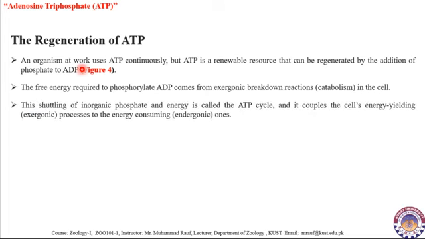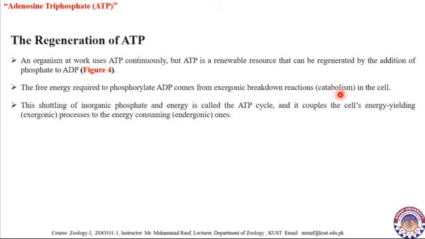Now, an organism at work uses ATP continuously, but ATP is a renewable source that can be regenerated by the addition of phosphate to ADP. The free energy required to phosphorylate ADP comes from exergonic breakdown reactions, catabolism in the cell.